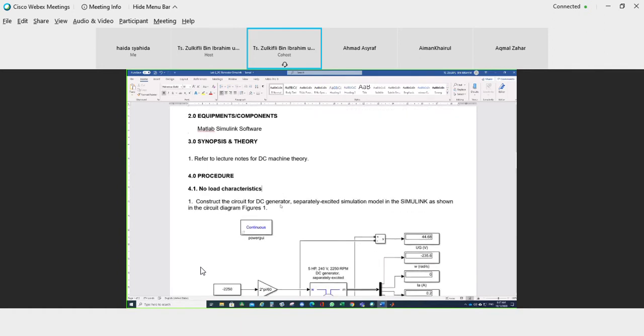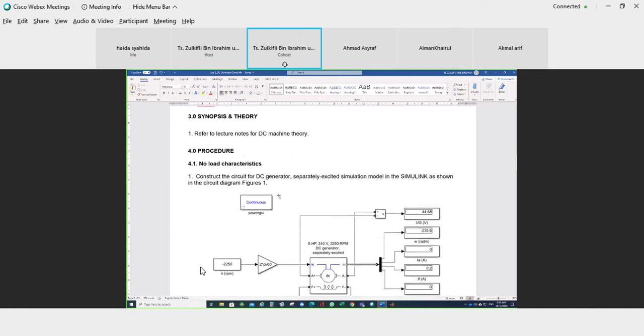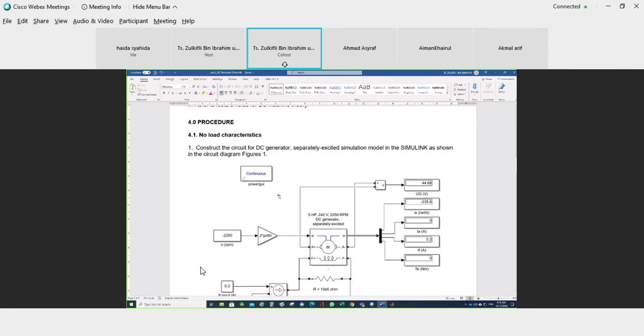So we have two experiments, so-called experiment, simulation lah. So first you want to study the characteristic of the generator when it's on no load.